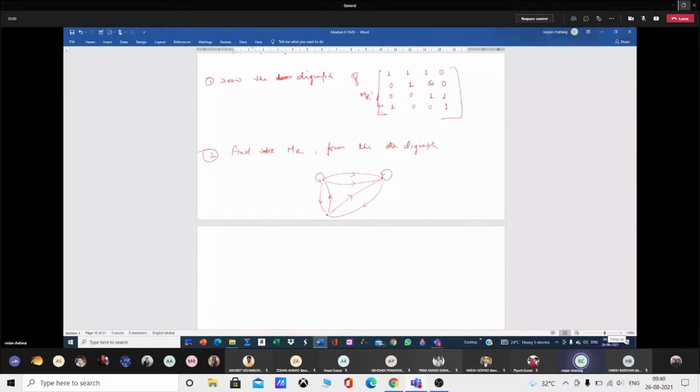So we have how many? 4 nodes are there. So first one, solution: 4 nodes, draw your 4 nodes.